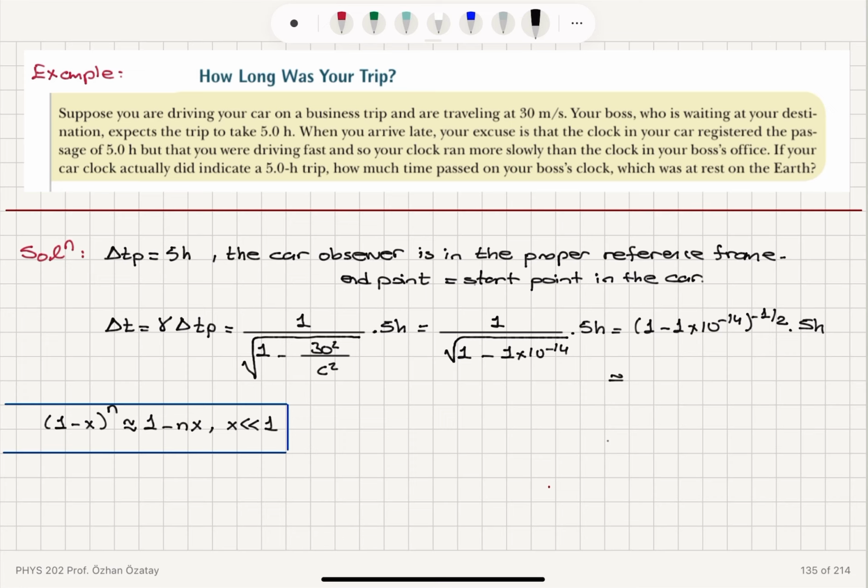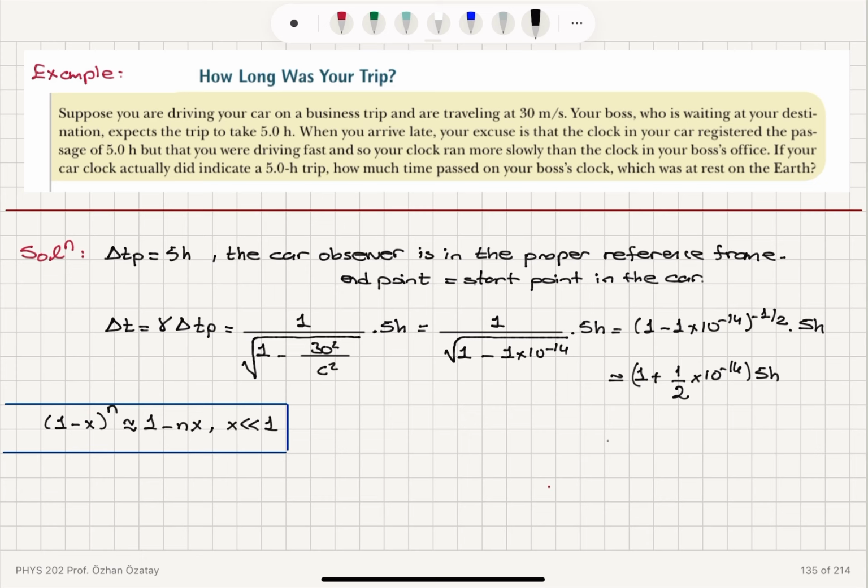My n here is minus 1 over 2, so it's going to be 1 plus 1 over 2 times 10 to the minus 14, multiplied with 5 hours.